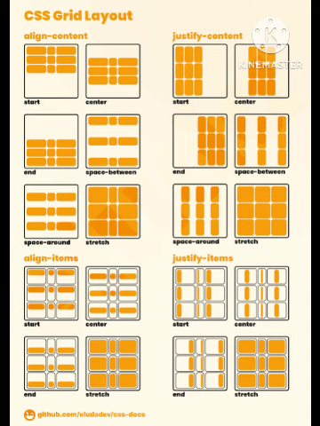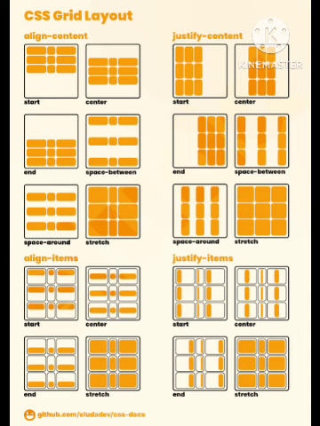Then align items start will place the div box vertically at the top of the cell, right. Align items center will place it vertically center. Align items end will place it vertically at the bottom.